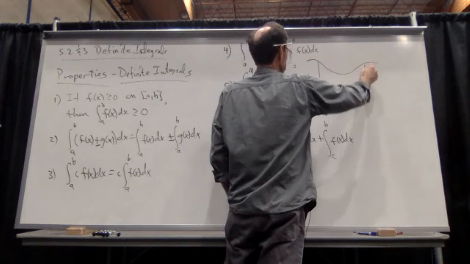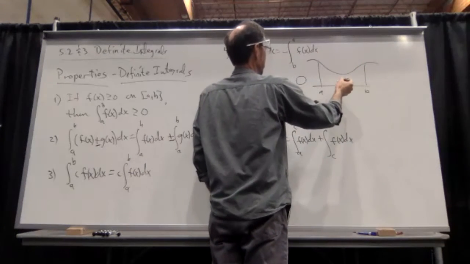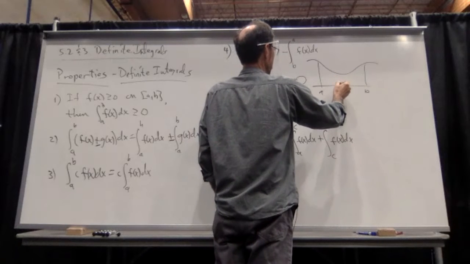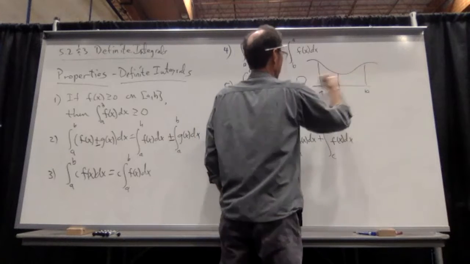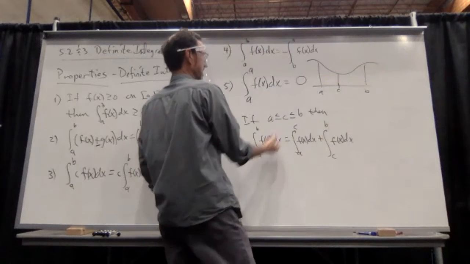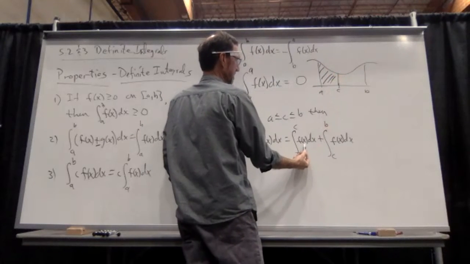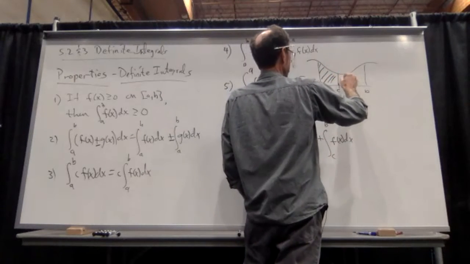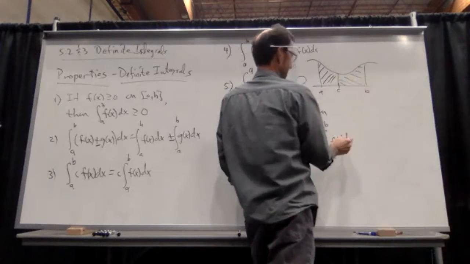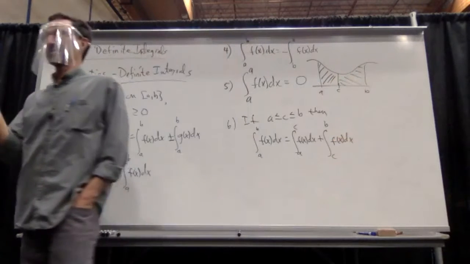So a picture here is worth at least 183 words. I can break this whole area, represented by the integral on the left, into 2 pieces. The first one represented by this integral, and the second one by that one. It just makes perfectly good sense.